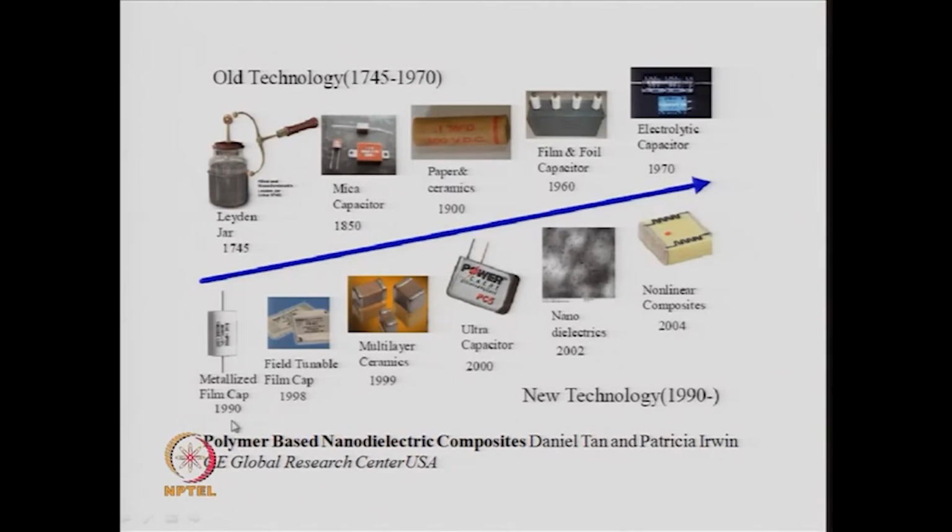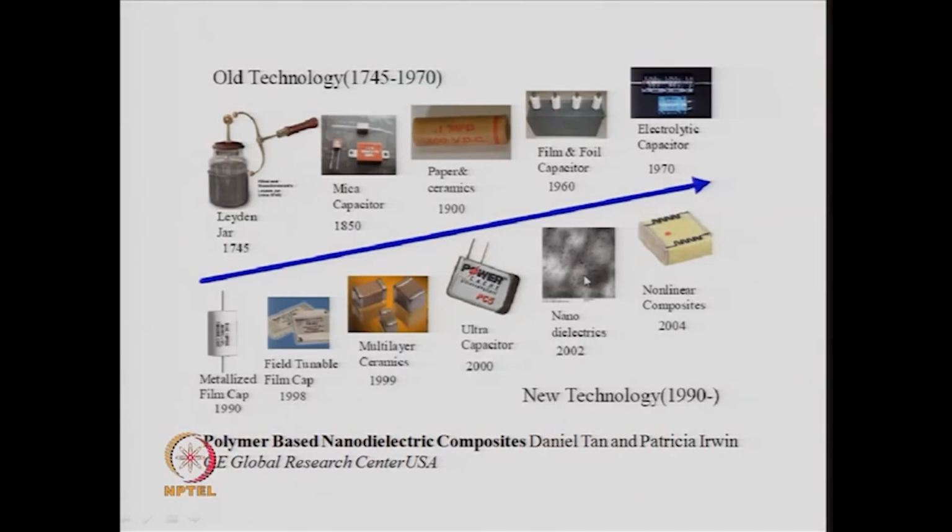Further developments have taken place, and you have metallized film cap based capacitors in the 1990s, and then you have field tunable film caps in 1998, and then what we discussed earlier, the multi-layer ceramics became very popular after 1999, and more recently we have come into the generation of ultra capacitor and nano dielectrics, which we are discussing today. And the nano dielectrics, which are basically ceramics, but the particle size is very small.